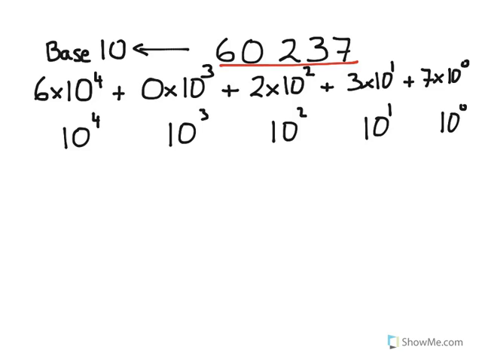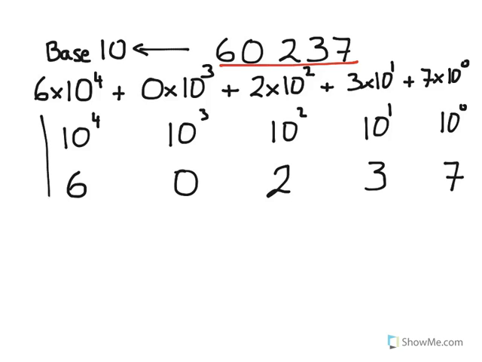Well, we have 6 at 10 to the power 4, 0 at 10 to the power 3, 2 at 10 to the power 2, that's 2 hundreds, 3 at 10 to the power 1, 3 tens are 30, and 7 multiplied by 1.